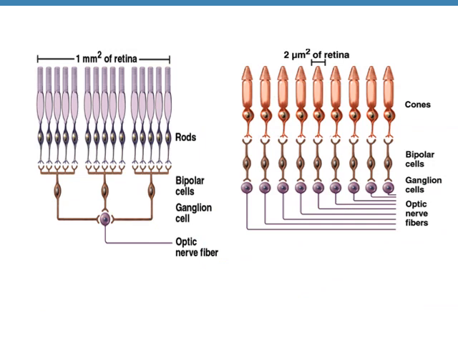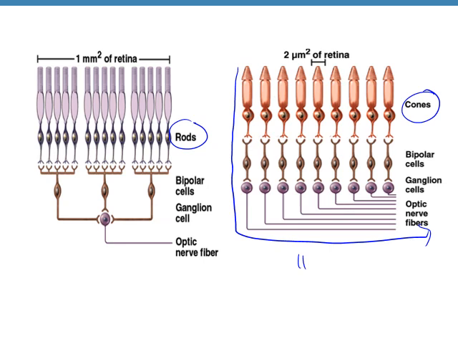If you look at the anatomy, how they're linked together, or the synapses here. Remember, here we have our rods, and we said they synapse with bipolar cells. And then the bipolar cells synapse with ganglion cells. And the ganglion cells are all the ones that merge to form the optic nerve. So I want you to see the difference between the rods and the cones. Do you see how each cone has its own line to a neuron? There's no convergence.